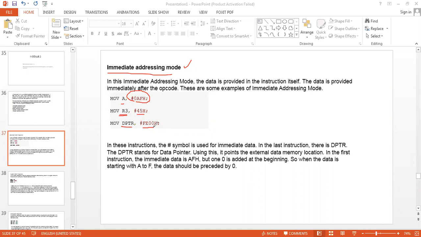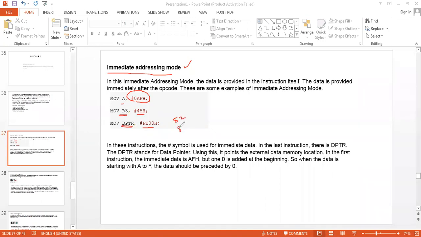Now, I know that DPTR is divided into two registers. I can utilize the higher byte of DPTR and the lower byte of DPTR. This means there are two memory locations for DPTR, 82H and 83H.